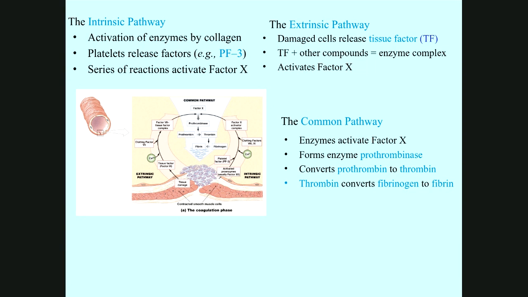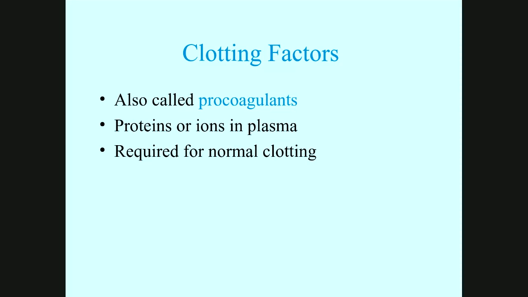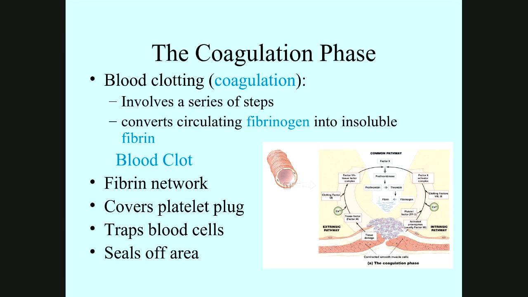The enzyme activates factor X, forming an enzyme that we call prothrombinase. And this prothrombinase will convert prothrombin into thrombin. And thrombin will convert the fibrinogen into fibrin. And this fibrin network will cover the platelet plug that has been formed, trap the blood cells, and seal off the area.